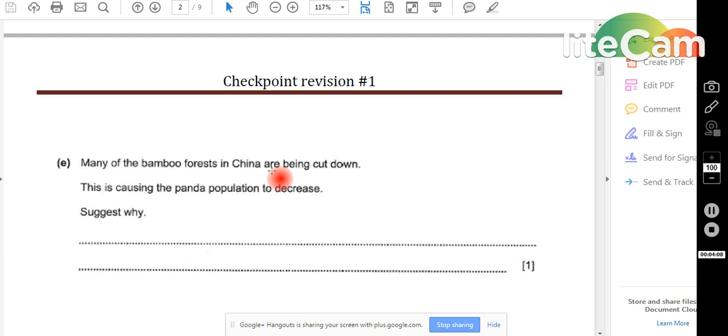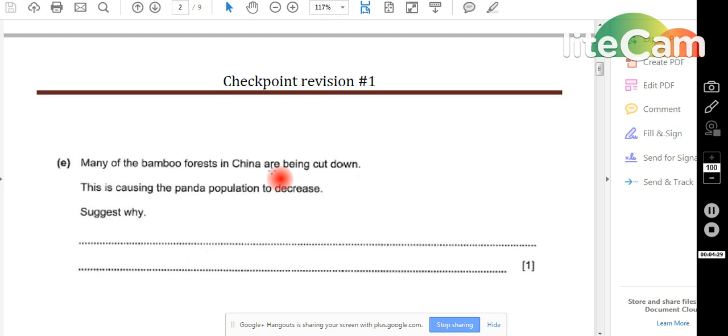So this could lead to migrating to new areas, which will also decrease the population. But also, bamboo is their source of food. So a decrease in food would lead to more deaths, and then obviously a decrease in the population. I'm very glad that you've got a very good understanding of it.